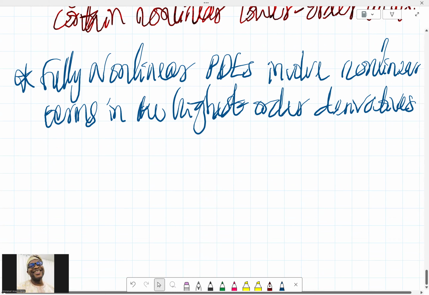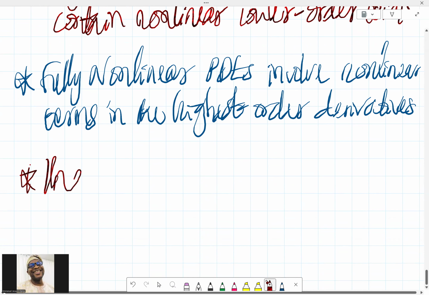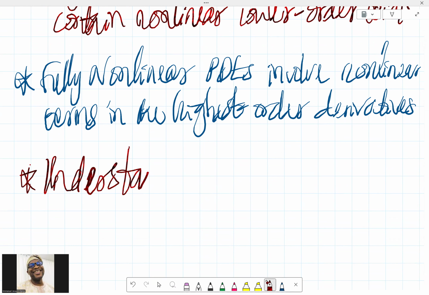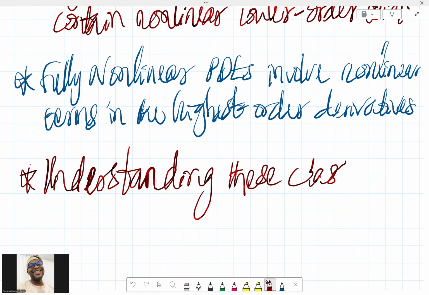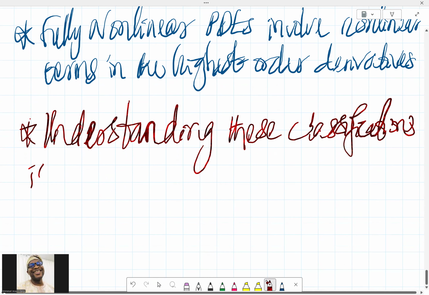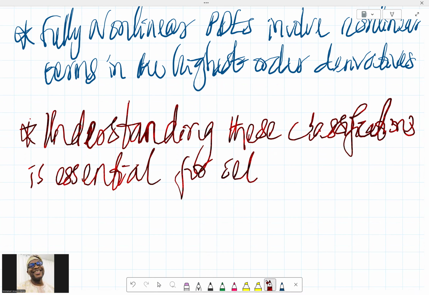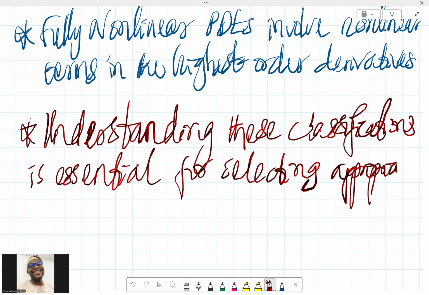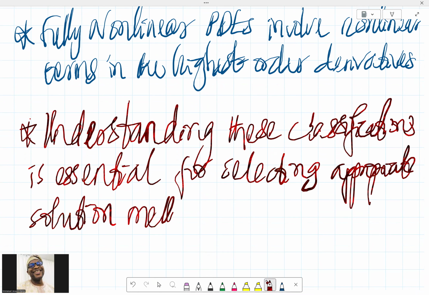And lastly, which I think is important, understanding these classifications is essential for selecting appropriate solution methods in different applications.